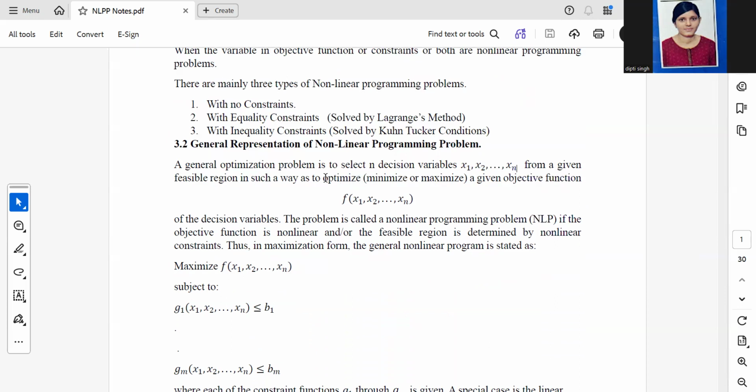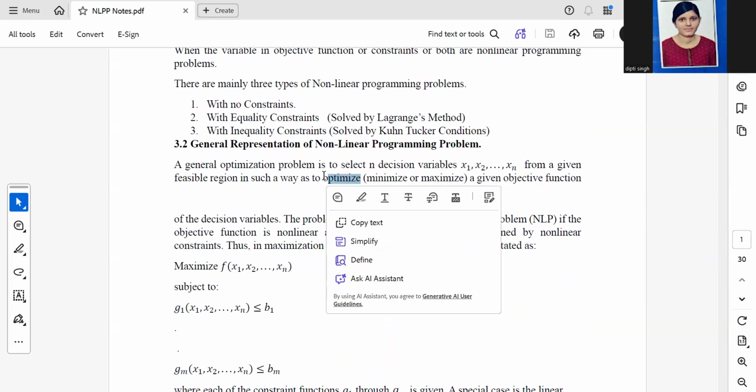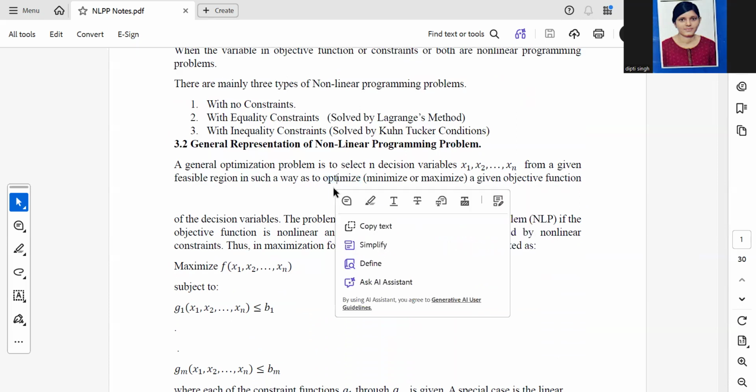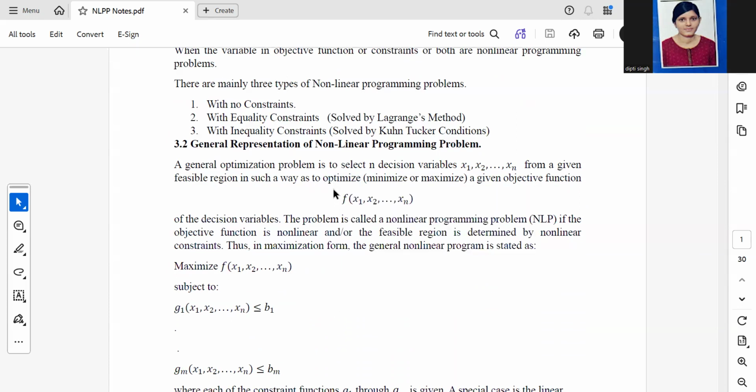Optimize means that if we have a profit function, then we want to maximize it, and if we have a cost function, then we want to minimize it. So if there is the word optimize, we have to either minimize or maximize. Here the optimization function is in n decision variables x1, x2, and so on up to xn.